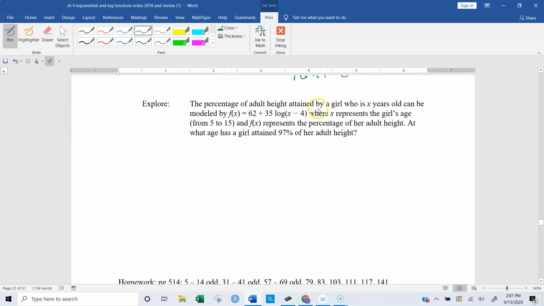This time it's the adult height of a girl who is X years old. So we know X is age. We know that f of X is percentage of height. So f of X equals 62 plus 35 log of X minus 4. Okay, we want to know when the girl has attained her 97%.